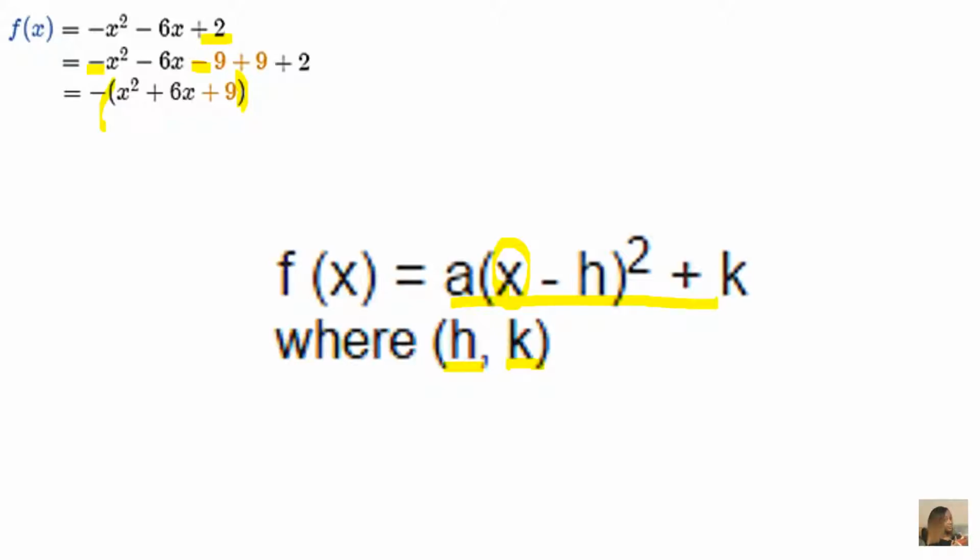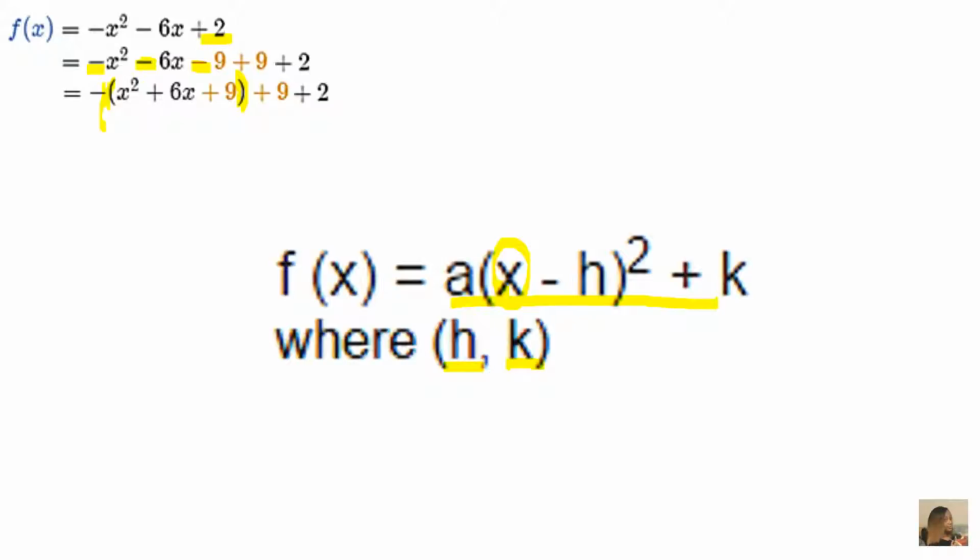And we extracted a -1. Okay, there's no 1 written here, but this is a -1. And don't forget, that's how we got +6 and +9. Don't forget that we're still adding 9 and 2 to keep things balanced and algebraically legit.